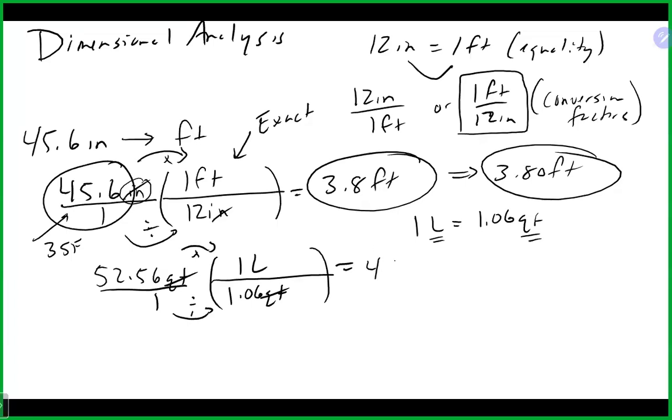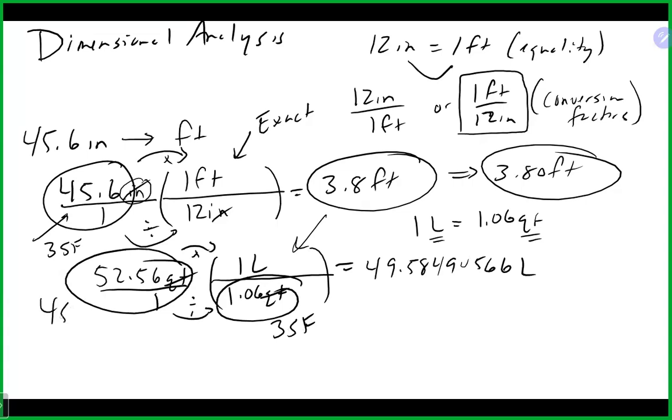That's going to give us on our calculator 49.5849056 liters. Here we do need to look at this conversion factor, and it would have 3 significant figures. We would look at our original number that has 4 significant figures. That means technically we should end up here at 3 significant figures, 49.6 liters in this particular case.